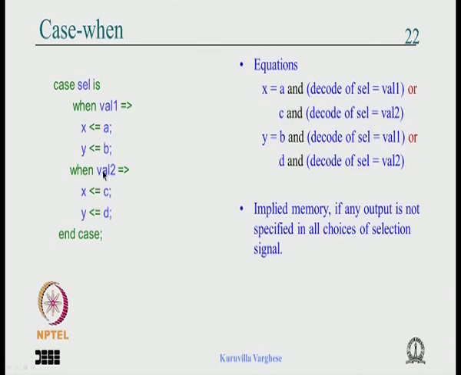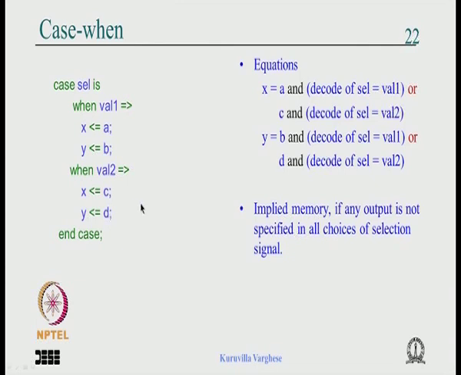Then you say when value 2, okay, now I should have said when others, because I need to specify all the conditions. So here instead of value 2 it should be when others, which should capture the value 2 also. But I assume that there is a when others at the end, so that everything goes well with this kind of code. So when others, you can imagine there is one when others here. So when value 2, x gets c, y gets d.